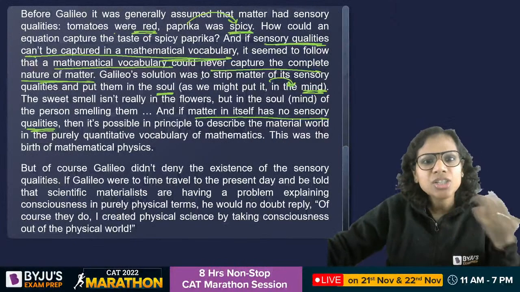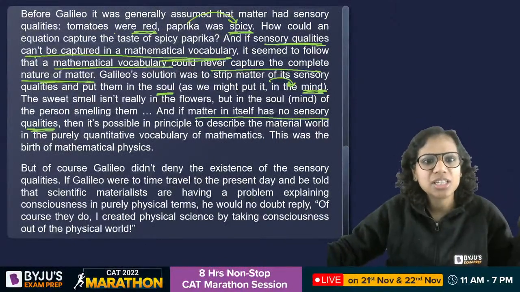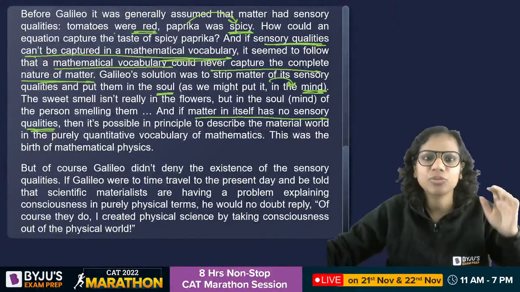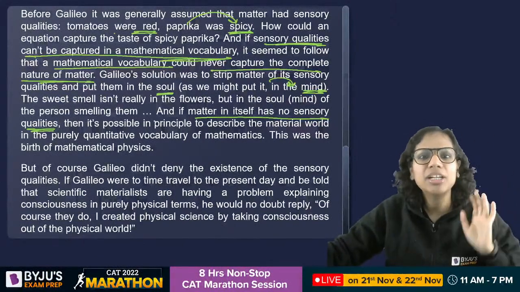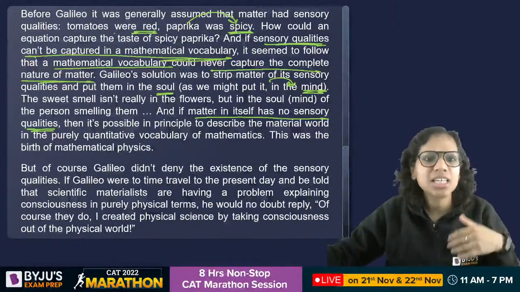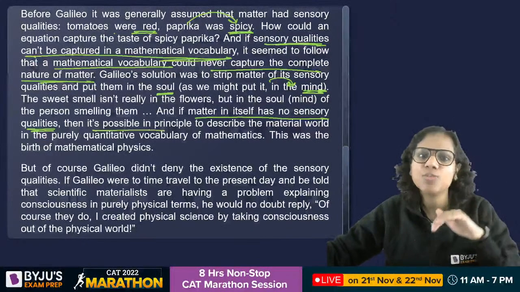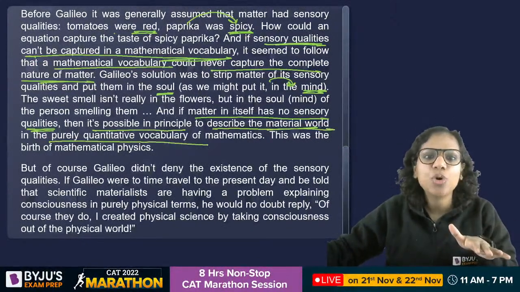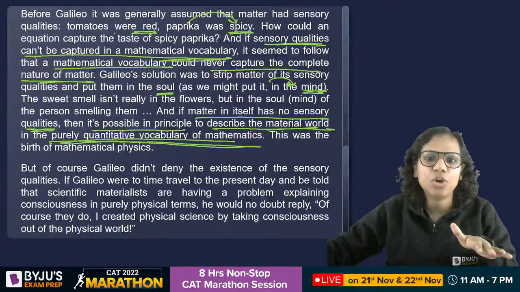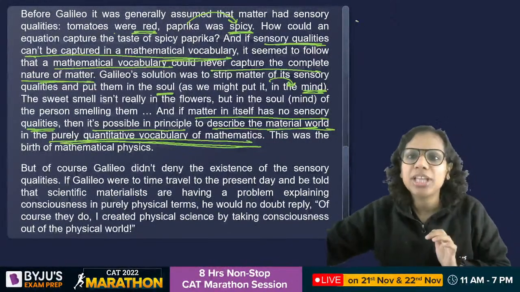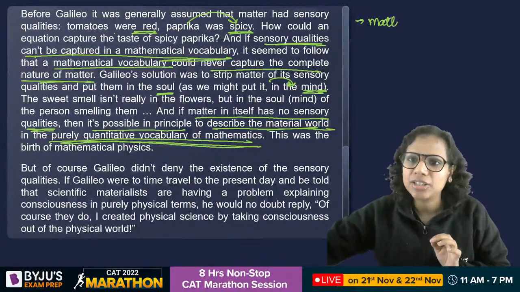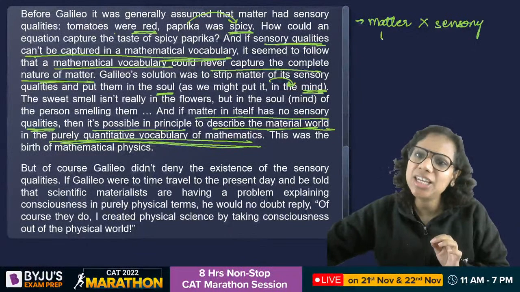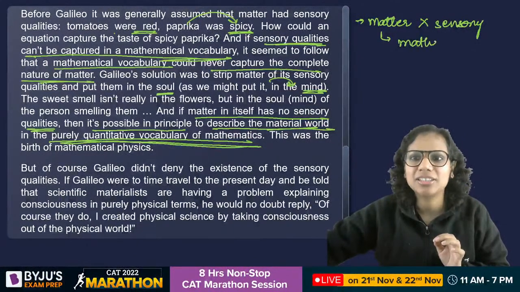So his solution was to strip matter of its sensory qualities and put them in the mind, that they are not in matter, they are in the mind, right? And if matter itself has no sensory qualities, then it is possible in principle to describe the material world in purely quantitative vocabulary of mathematics. So that means when matter did not have sensory qualities, then you could describe it in mathematical terms.